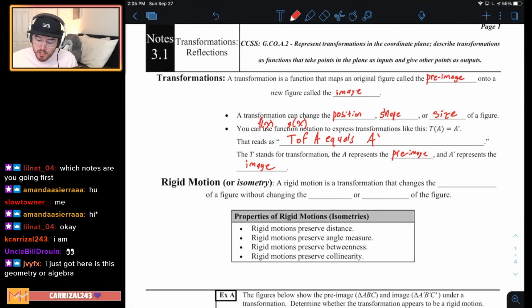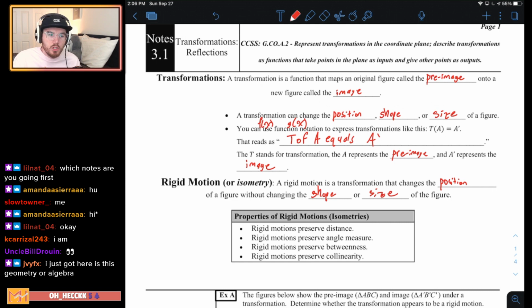So, rigid motion. A rigid motion is a transformation that changes the position of a figure without changing the shape or size. Rigid means firm, strong, unbreakable, harsh, right? In this sense, we mean unbreakable, unchangeable.